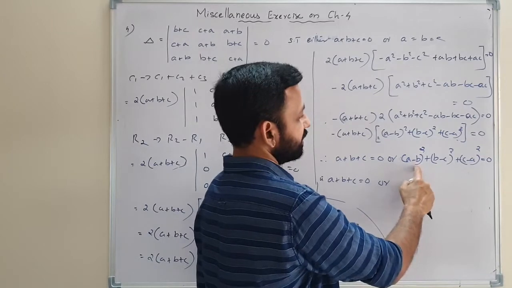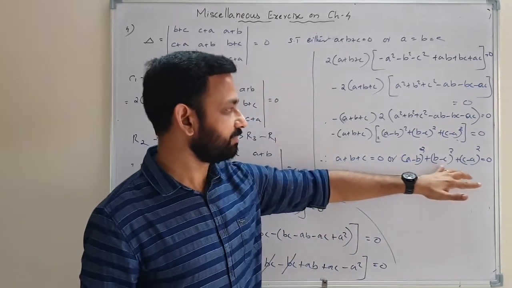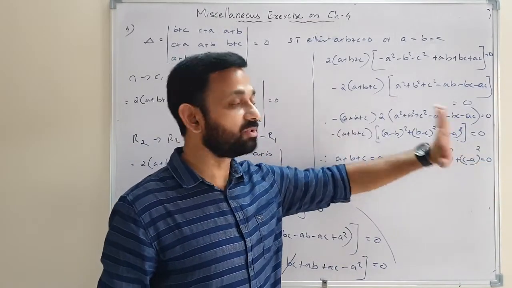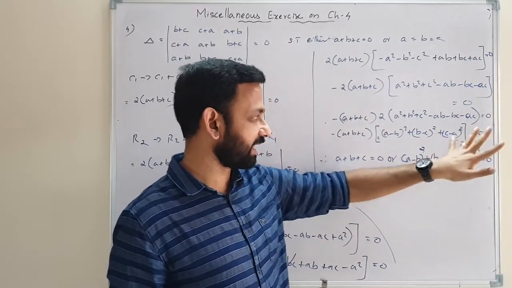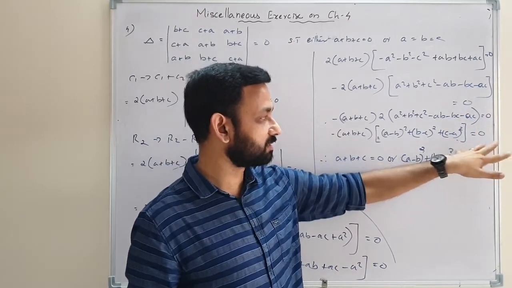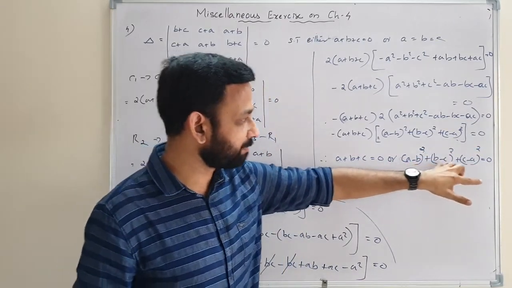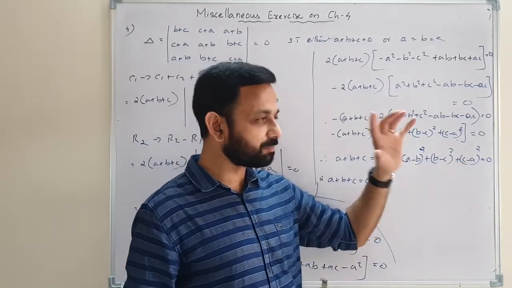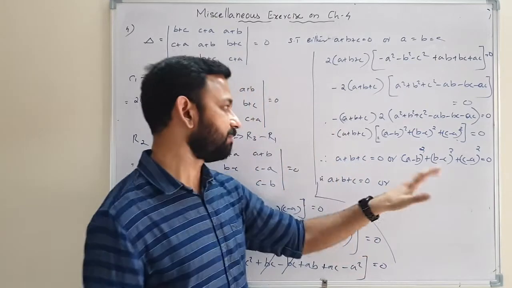If their sum equal to 0 and they are not negative, then we have only one option, they will be 0. These three terms cannot be negative because we have taken the square. So each can be positive or 0. If the three terms are positive, then their sum cannot be 0, it will be a positive number.